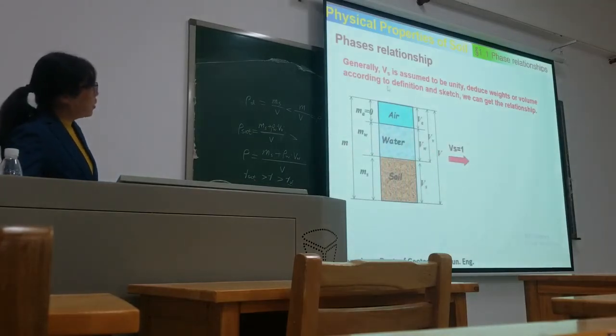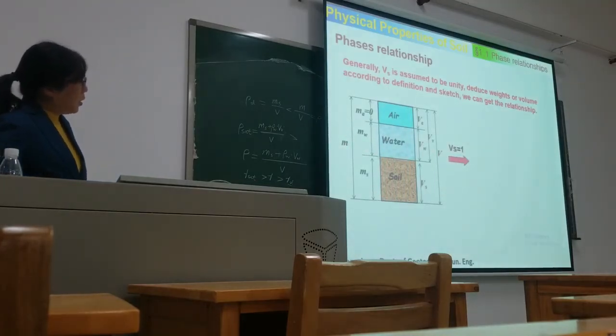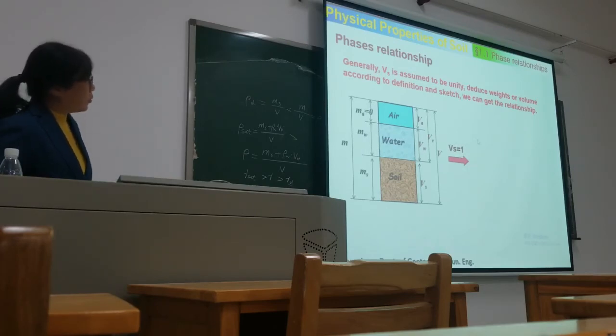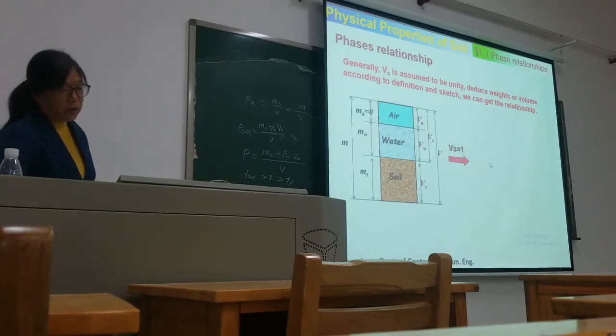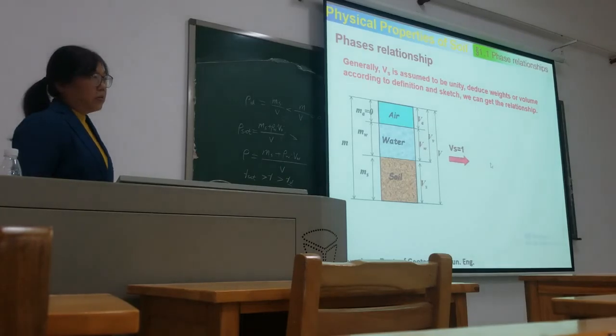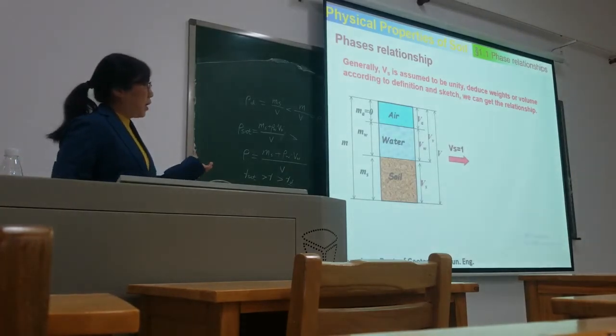When we study the phase relationship, we can assume one of the quantities equals unit, maybe Vs equals 1. Why can we make the assumption?